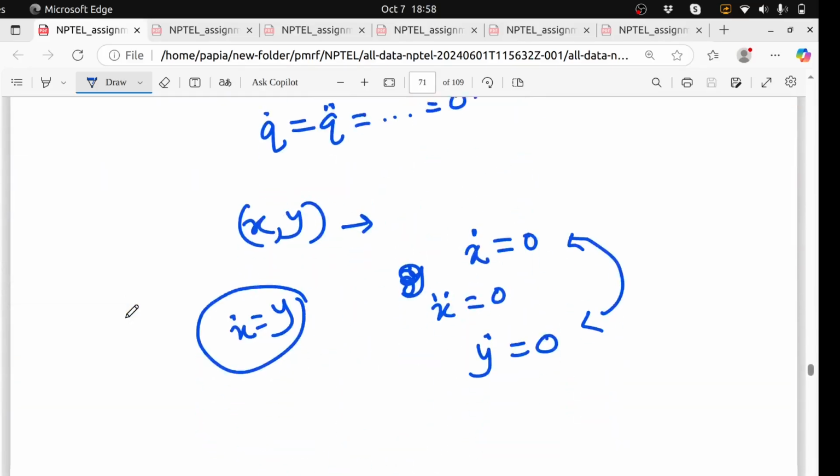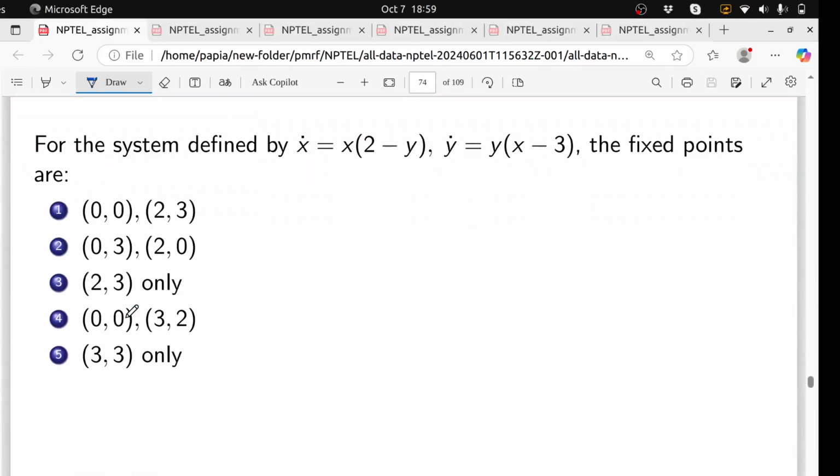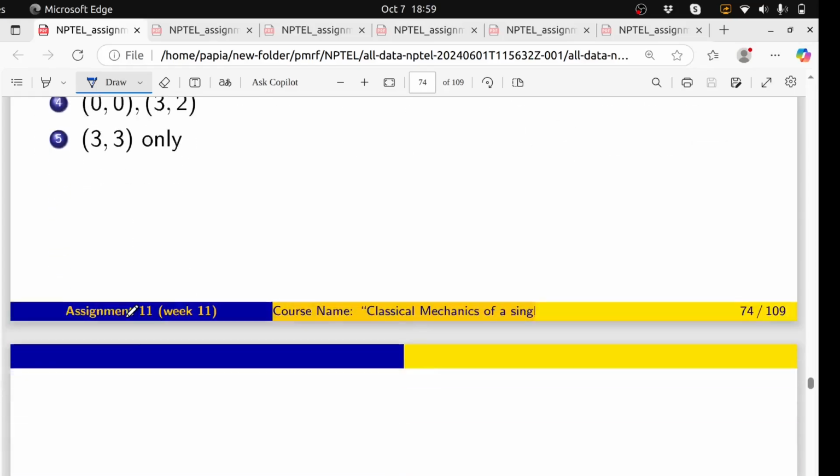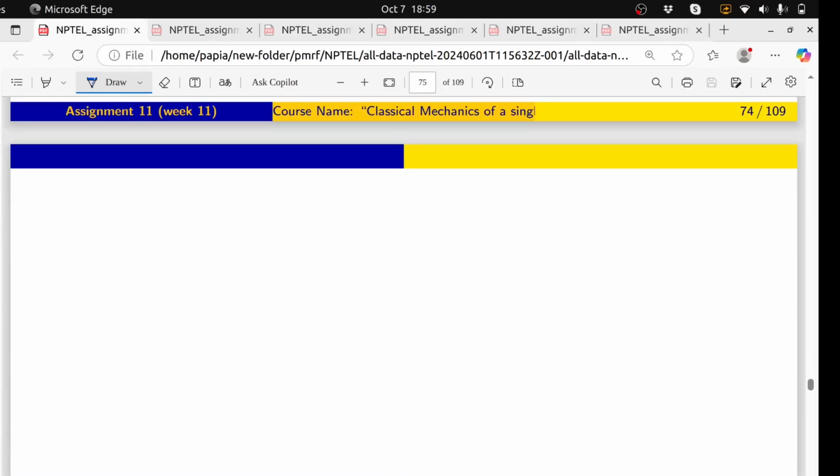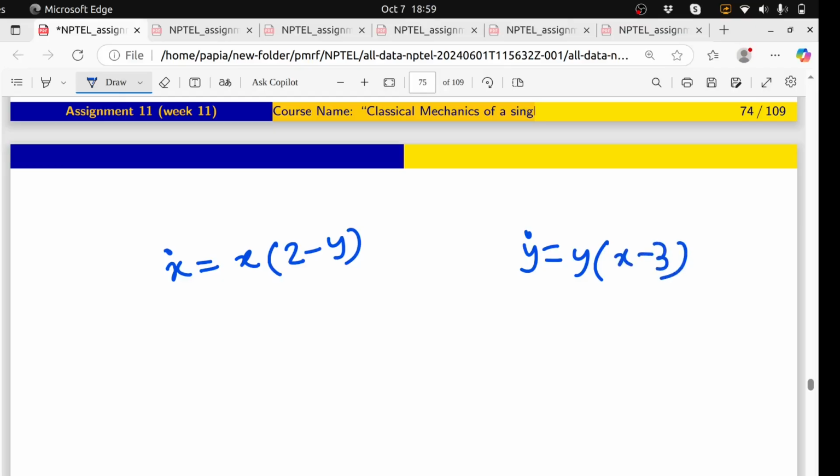Now coming to question 14. For the system defined by x dot equals x(2 minus y), y dot equals y(x minus 3), the fixed points are, okay, similar to the previous question. x dot is x(2 minus y), y dot is y(x minus 3).